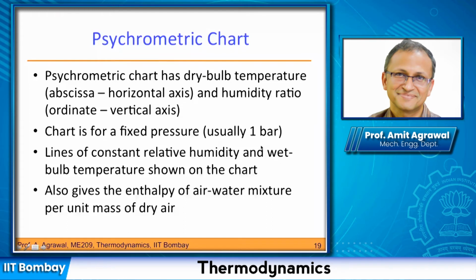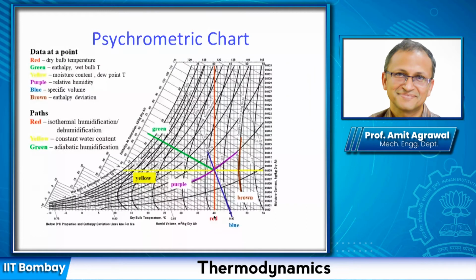And then you can see that lines of constant relative humidity, wet bulb temperature, etc. are shown, and the enthalpies of the air-water mixture per unit mass. So you can essentially use this chart to do a lot of calculations. I will not get into more details than these, but in principle you can use it, and once you look at it closely, you can see all these different quantities that we've introduced.